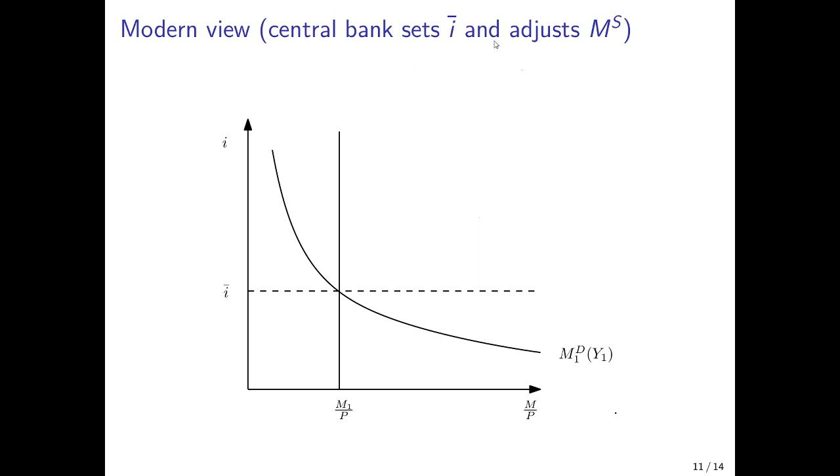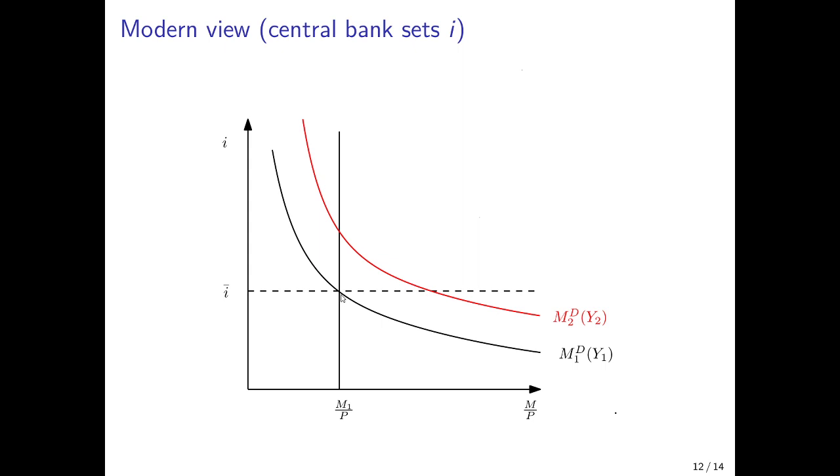So the central bank would actually adjust its money supply such that this interest rate I bar that it desires is reached in equilibrium. Now suppose again that household incomes rise. So we would have that the money demand curve shifts outwards here for an income level Y2 that is greater than Y1.